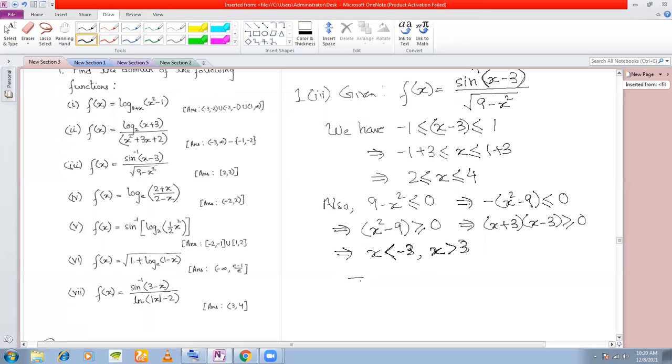So therefore, x must belong to what interval? 2 and 3, but it cannot touch 3. So therefore, we give a parenthesis. Hence, domain of f is [2, 3). Any questions here? No, sir.